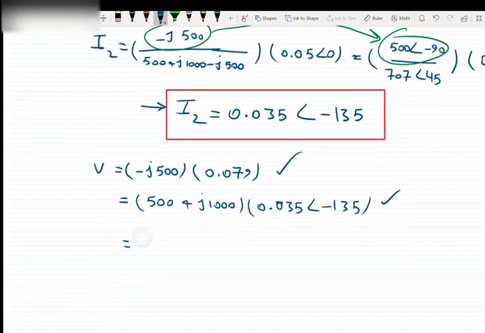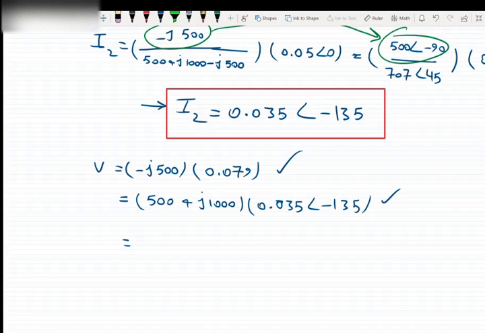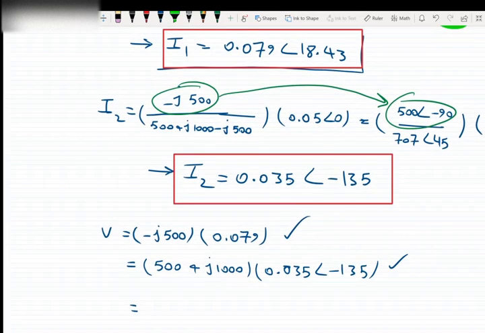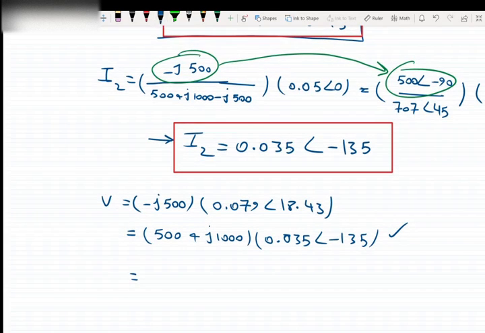What is I1? Sorry, here I1 is 0.079 with the angle of, I forgot the angle, 18.43. Okay, now it's better.